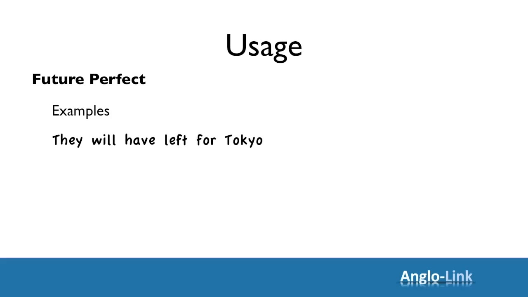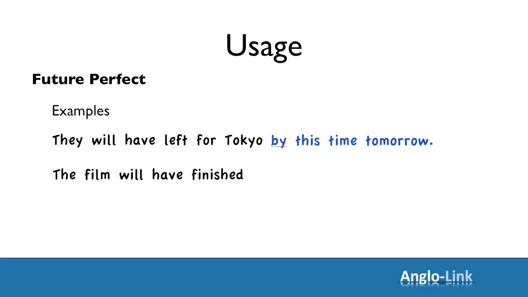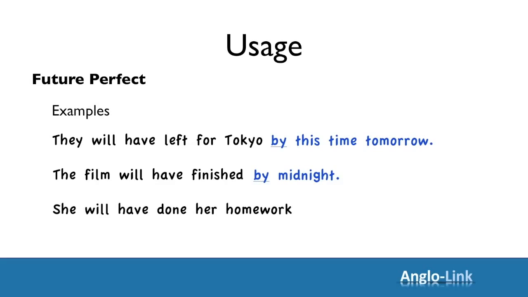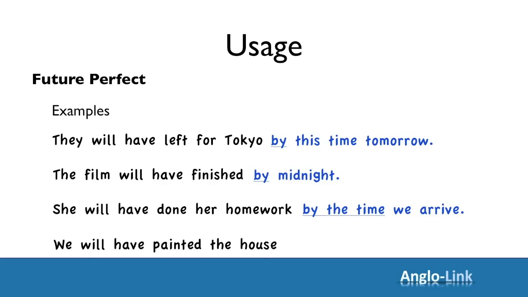They will have left for Tokyo by this time tomorrow. The film will have finished by midnight. She will have done her homework by the time we arrive. We will have painted the house by the time she returns.